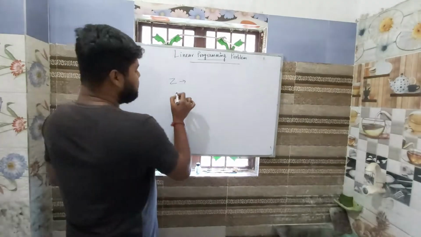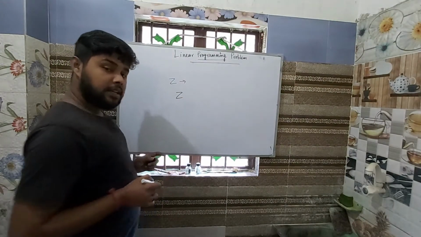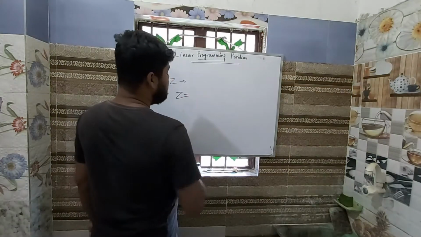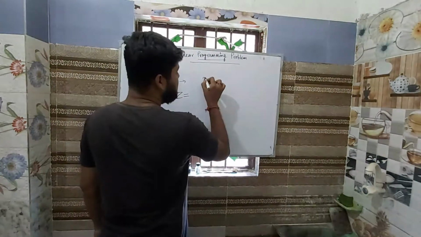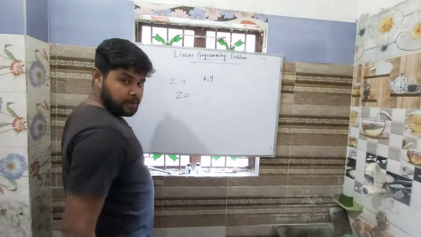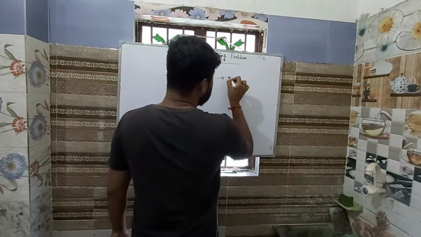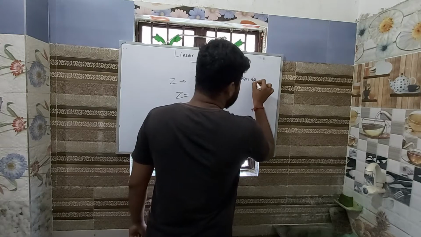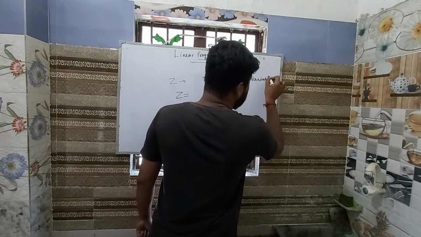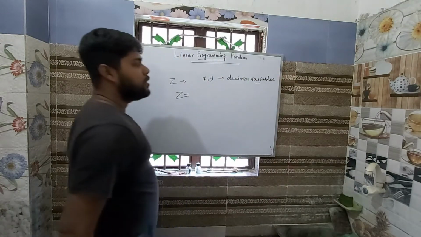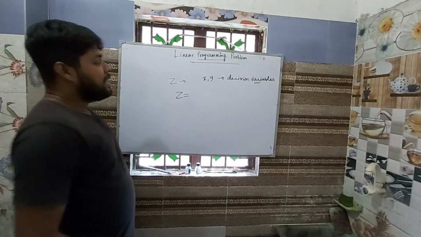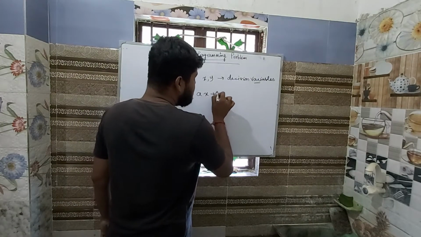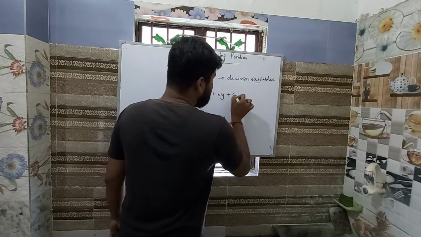So if z is our objective function, and let us consider the two variables x and y, which we call the decision variables, then z will look something like ax plus by plus c.